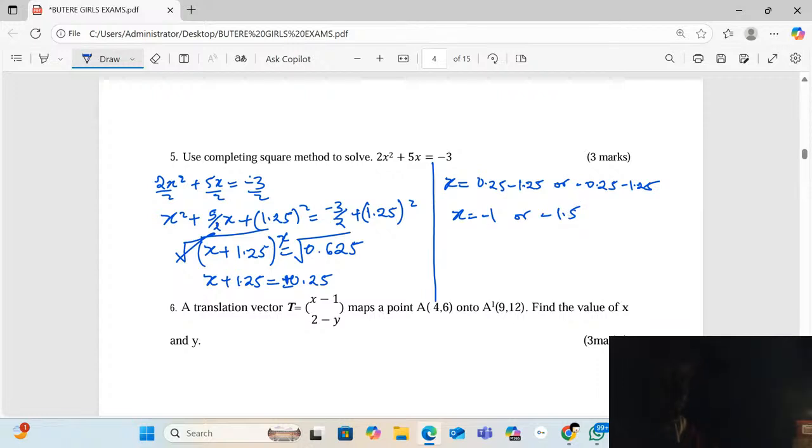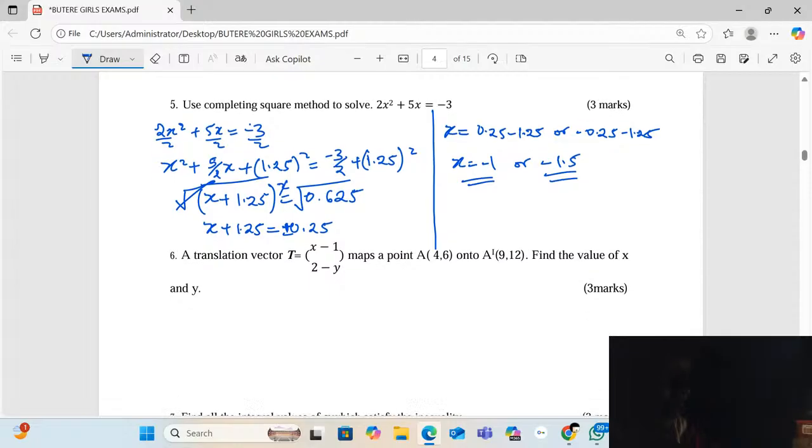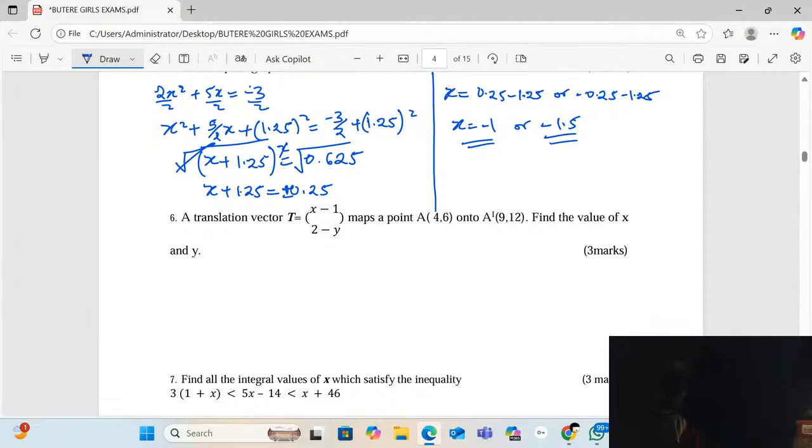So these are the two solutions for x. So x is negative 1 or x is negative 1.5. As simple as that.